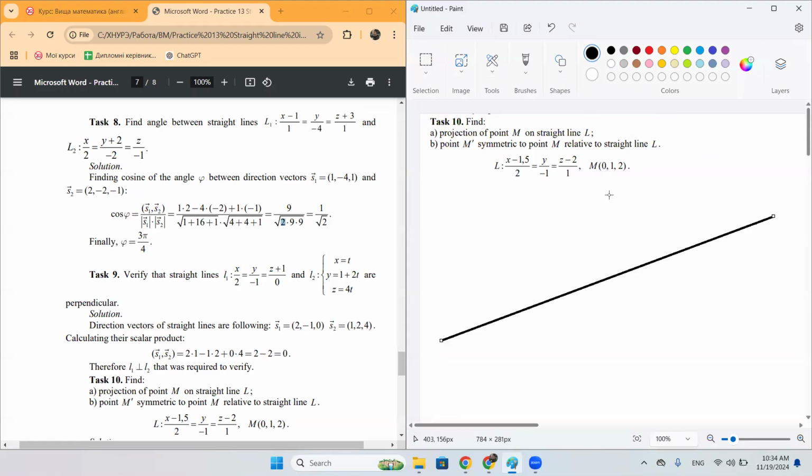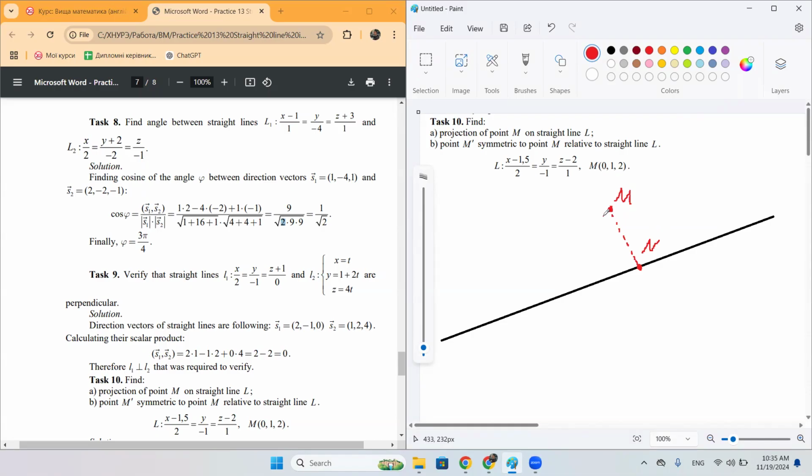This is the point M, and if we draw an imaginary perpendicular, N will be the projection of the point M.